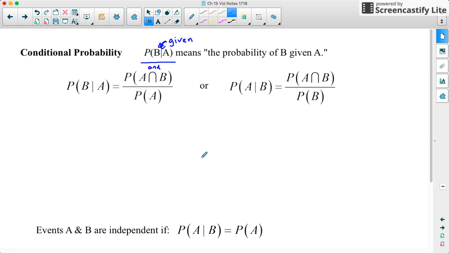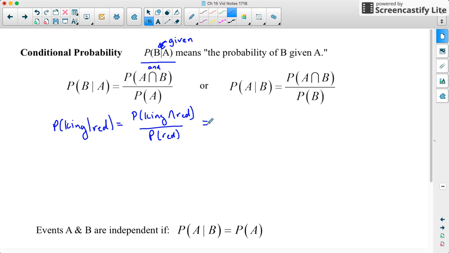Now, we are going to just do a quick example here. For example, I could say, what's the probability of king given that the card is red? Now, if you think about this, you're going to say, okay, well, what's the probability of king and red card over the probability of red?